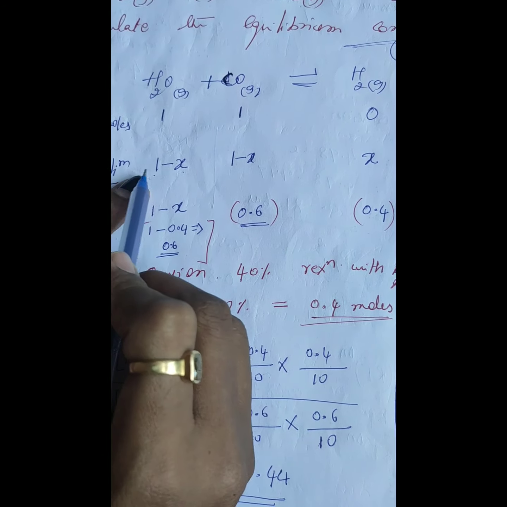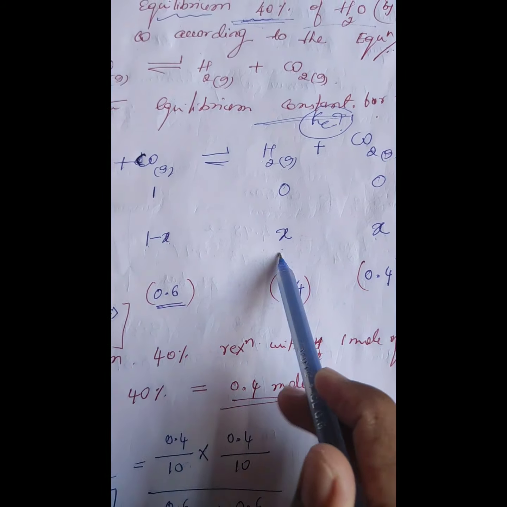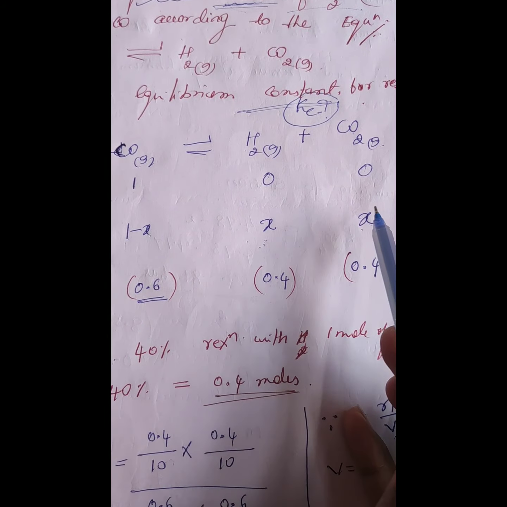Initially it was 1, something was reacted, so it should be 1 minus X moles of water. Similarly, for 1 mole of carbon monoxide, it is also 1 minus X, where X is the extent of reaction. At equilibrium, 1 mole of hydrogen as well as 1 mole of carbon dioxide is formed, so it is taken as X. If 2 moles were formed, it would be 2X, but here according to the balanced equation, 1 mole is formed, so you take X itself.